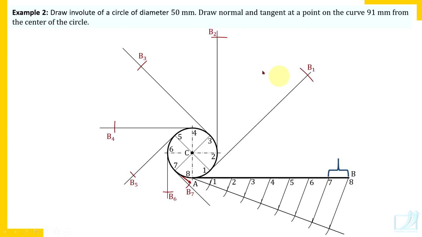And then after one complete revolution, that means this eighth point on the wire, after one complete revolution will come in contact with this point. So here that curve should end at point 8. So draw smooth freehand curve.